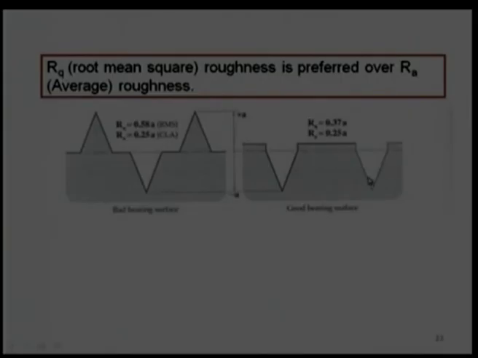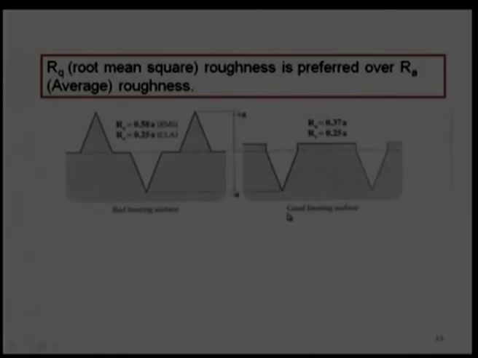However, this one has a number of high values. Now, coming to the RQ value, in this case the RQ value is 0.58, while in this case the RQ value is 0.37. So, whatever we were planning, giving more penalty to high peak values, is being imposed on this. So, we can say, based on the high RQ value, this surface is a bad surface, or this surface is a good surface, and again these are only comparative terms, not absolute terms.